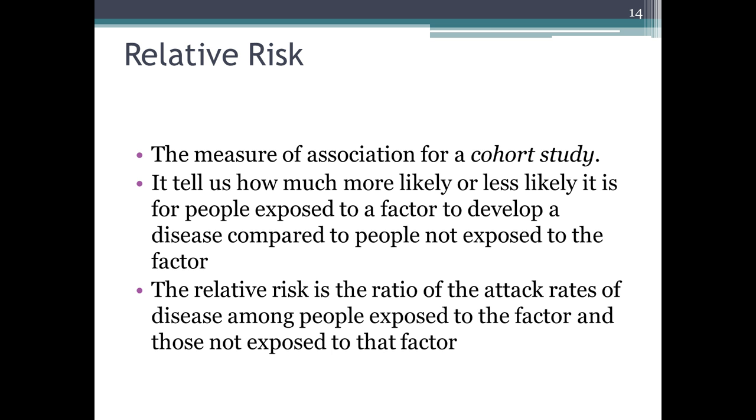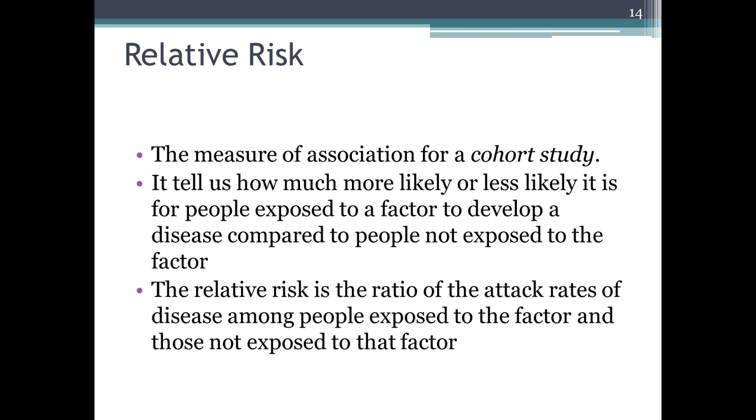What we get from the relative risk is how much more likely or less likely it is for people exposed to a factor to develop a disease when comparing to people who are not exposed to the specific factor.